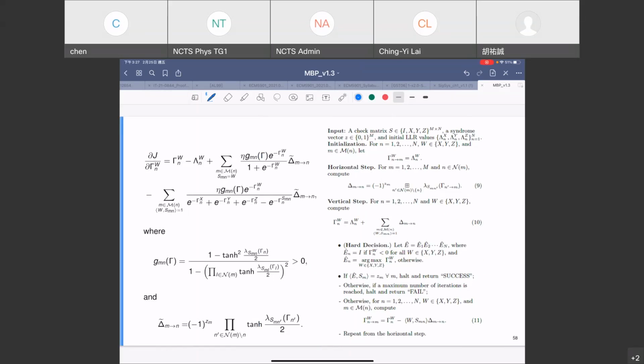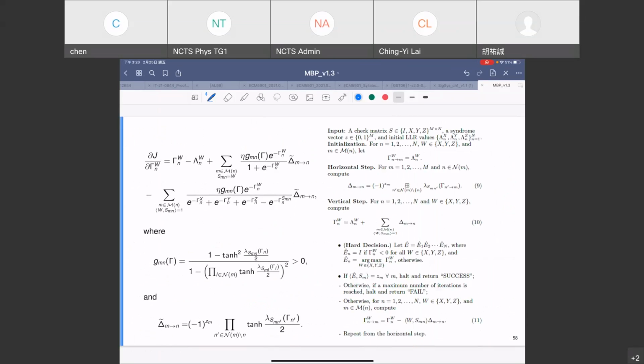After you do this gradient descent, you compare to the original belief propagation, you see that there is some connection between these two algorithms, and we can imagine that this gradient descent algorithm gives additional terms in the step update here.